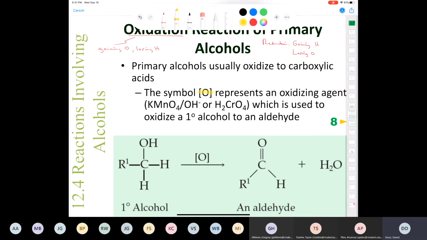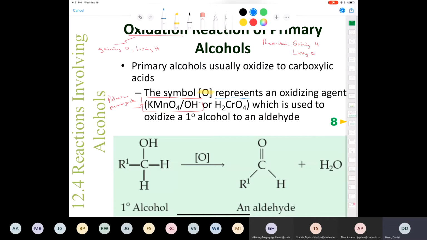Common oxidizing agents that are used in organic chemistry are KMnO4 and hydroxide. So KMnO4, that's potassium permanganate. So potassium permanganate in base or hydroxide.